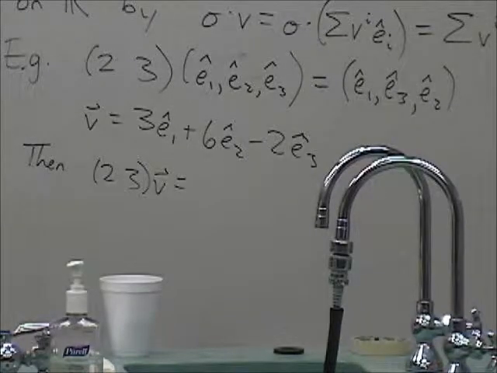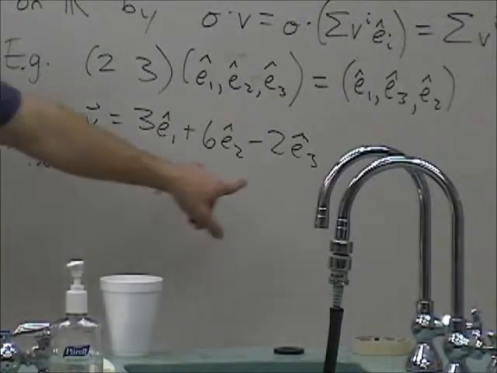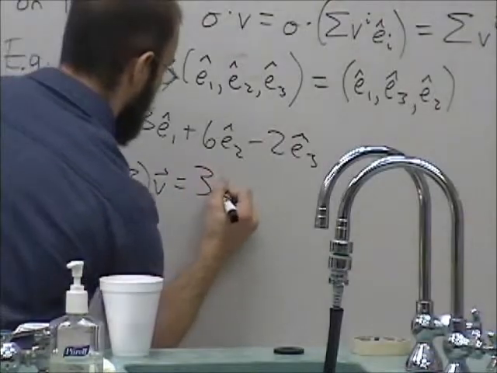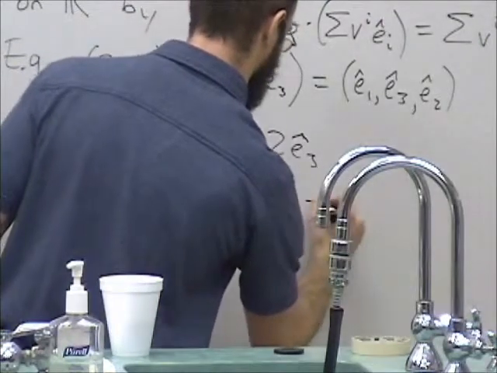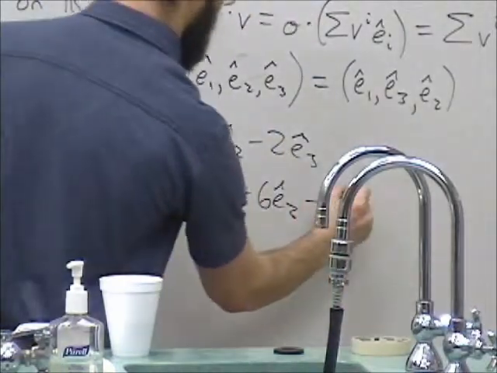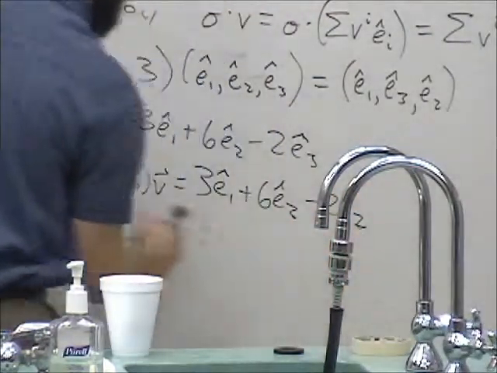It's going to be 3E1 plus 6E3 minus 2E2. Yeah. Switches the 2 and the 3. Okay. That's what that does.